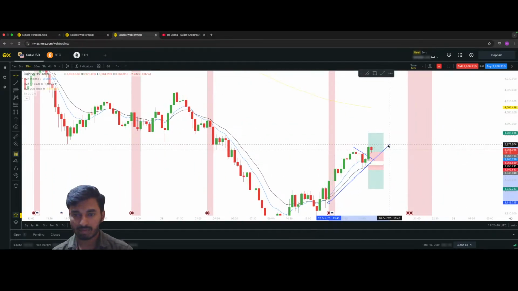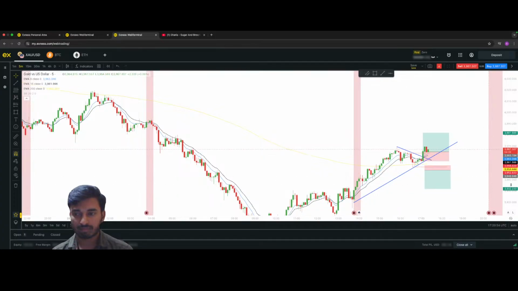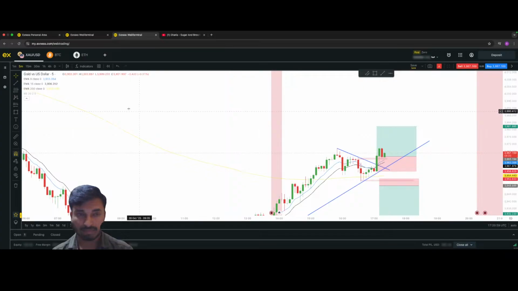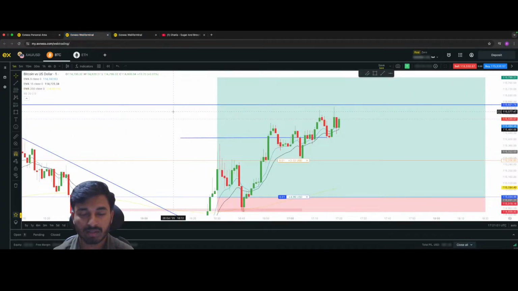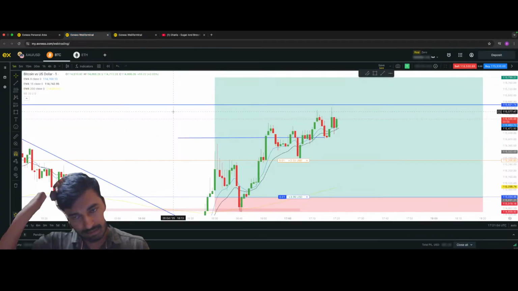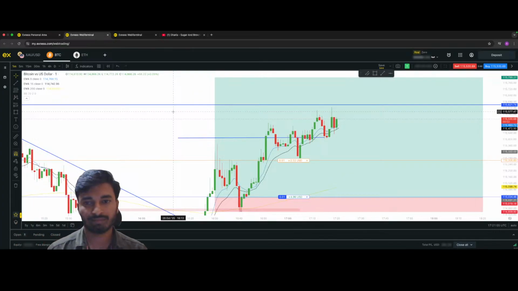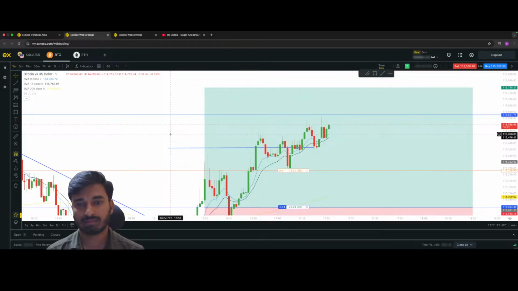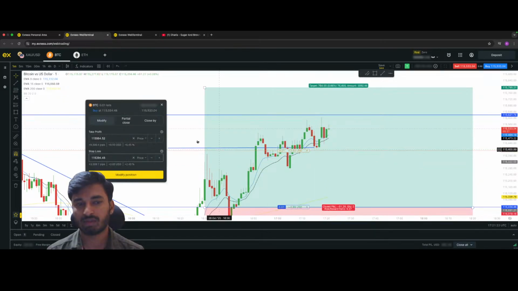If this falls below this, then short entry for gold. Let's concentrate on our trade. If this crosses above this, then I'll shift my risk to here. I mean $3.6.